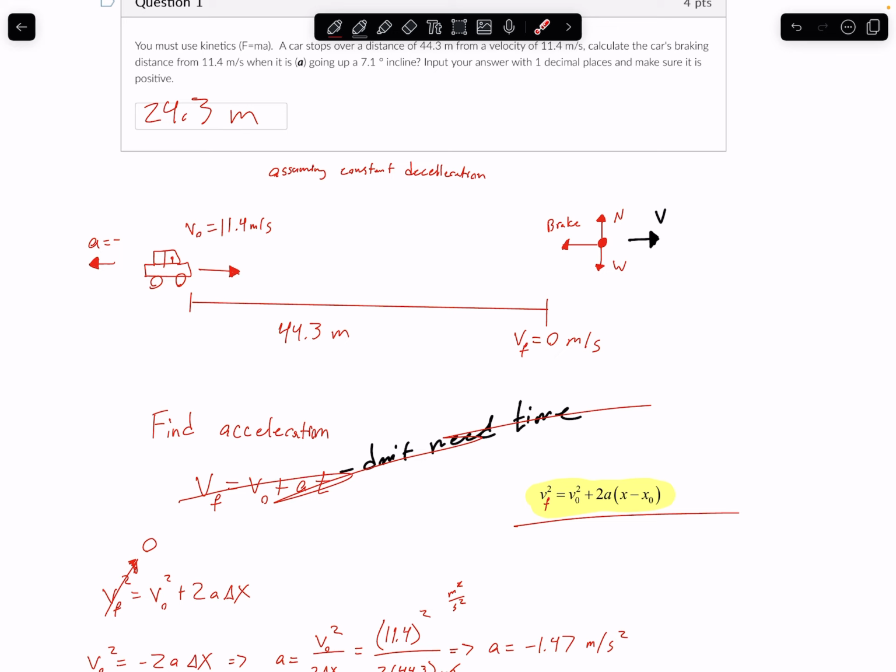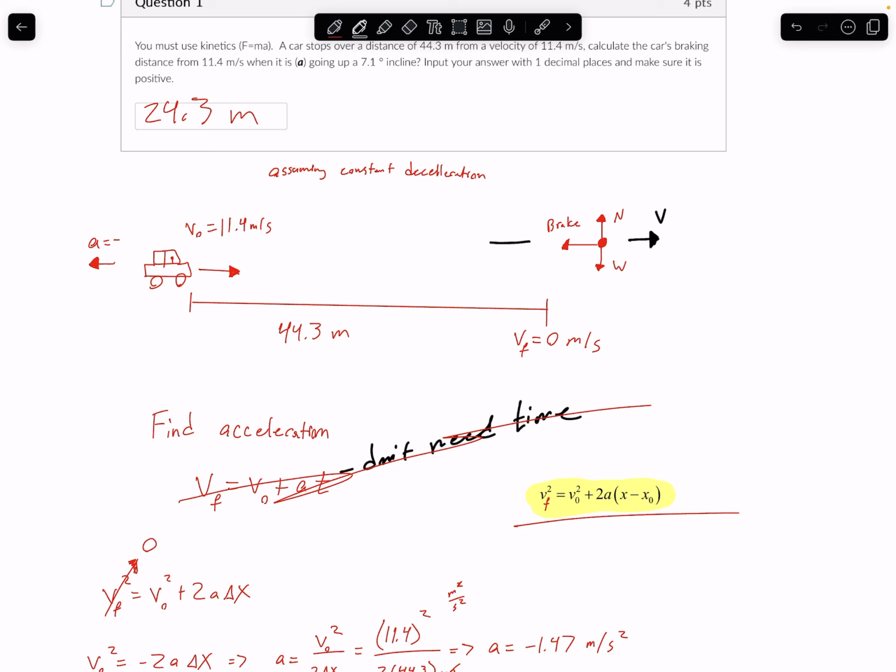So here we have a diagram. Here's our car, initial velocity going that way. Our acceleration is going to be that way, so that means our net forces are going to be that way. Here's our free body diagram, as well as our kinetic diagram, in 2 different colors just to relate things.